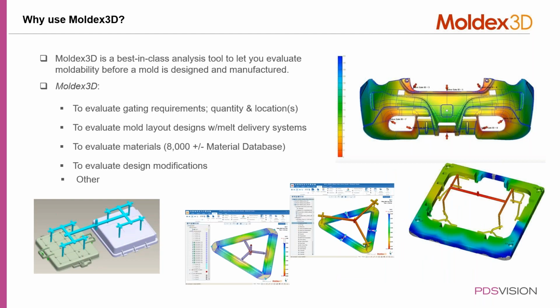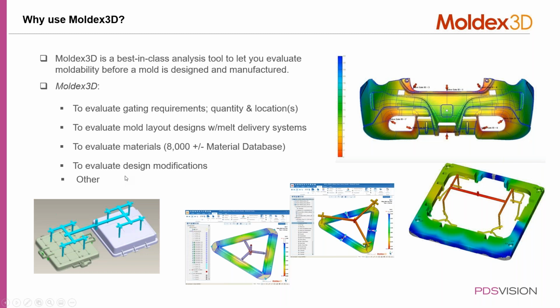Continuing, Moldex 3D can be used to evaluate gating requirements, so quantity, number of gates, and locations. To evaluate the mold layout design with melt delivery systems. I mean, we might have a multi-cavity, a family tool. And the strength of Moldex 3D is it has 8,000 plus materials in its database.